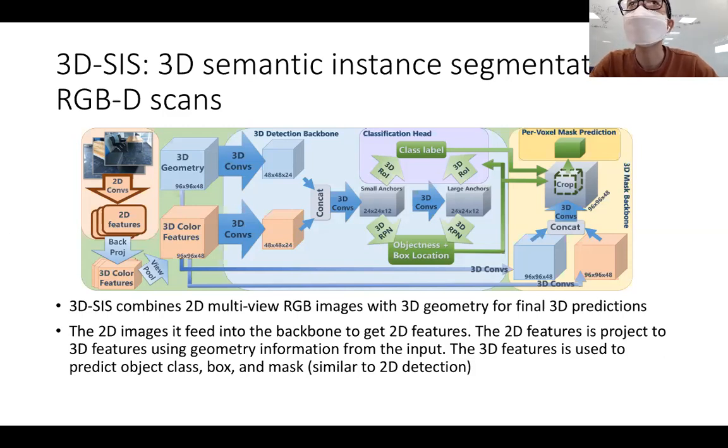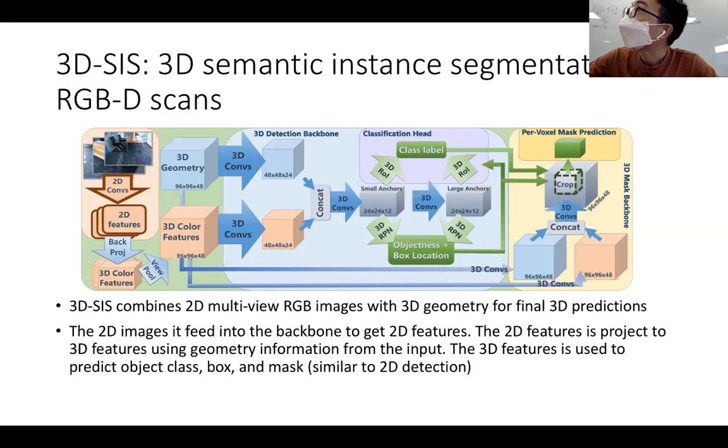The conventional methods use only 2D images or only 3D point clouds. But here they combine both kinds of information, because they think they are complementary to each other. First, we have multi-view images of the scene, for example this view, that view, another view.